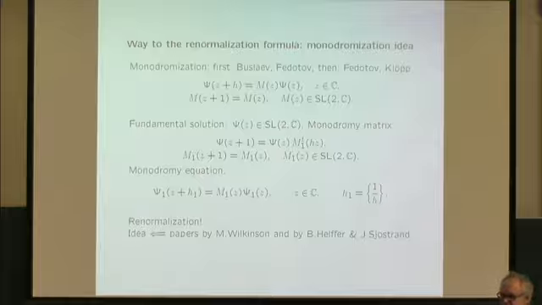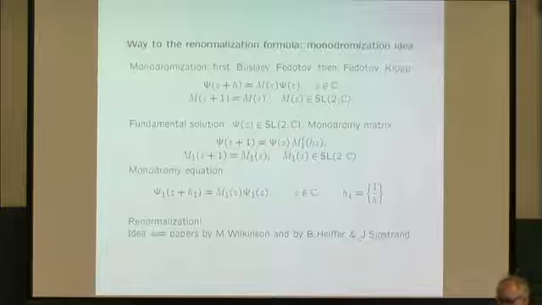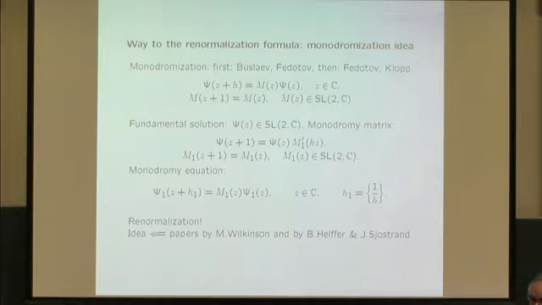And so you can try to proceed as in the case of differential equations and define a monodromy matrix. So you take psi of z plus 1, it satisfies this equation simultaneously with psi, since the equation is invariant with respect to the translation. And you can express psi of z plus 1, one more matrix solution, in terms of the fundamental solution. Of course, you have to suppose that psi is a fundamental solution.